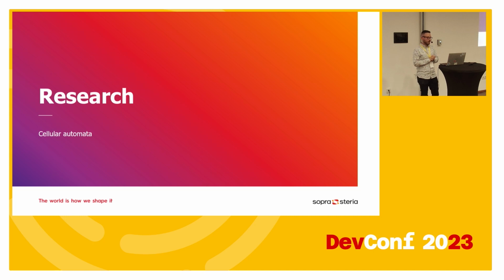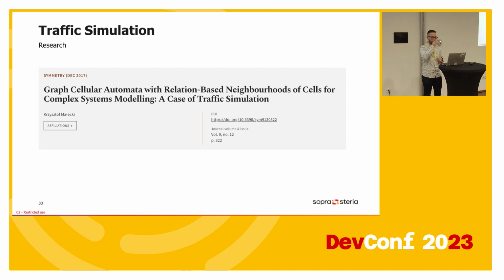I checked current and late research papers, scientific research, and cellular automata are still in use, even though it's a very old concept. You can find interesting cases. This one is from 2017, around 6 years ago, so it's not a very old research paper. It's done, by the way, by a Polish guy.